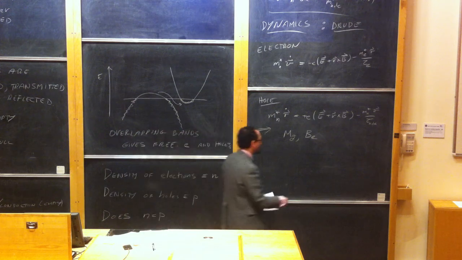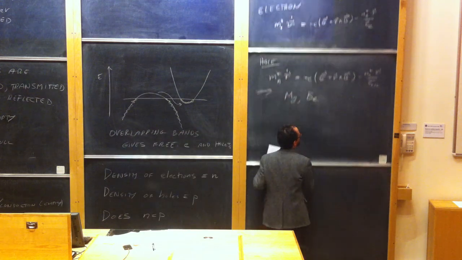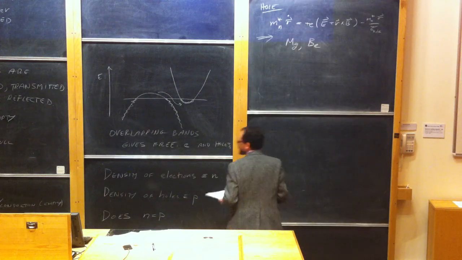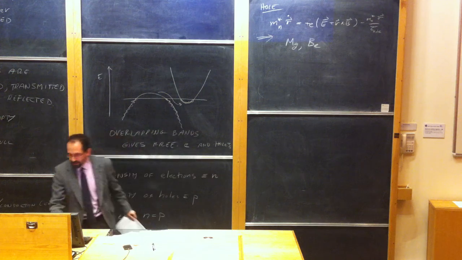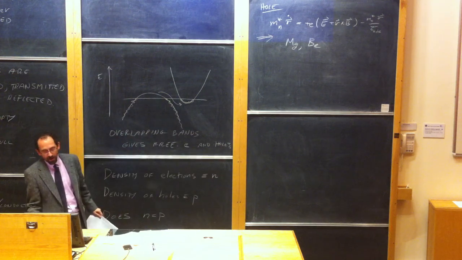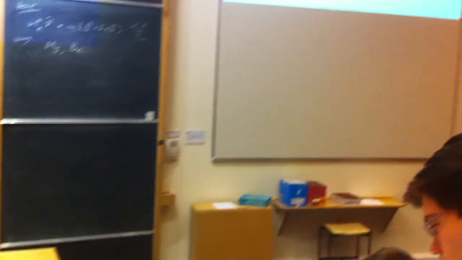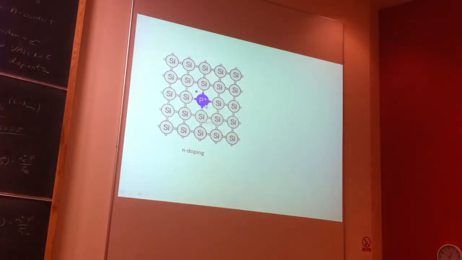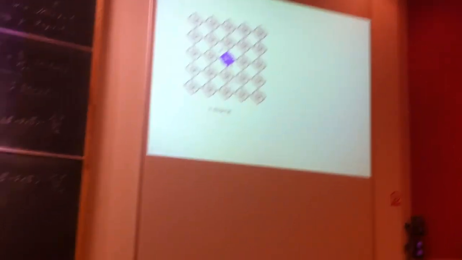All right, one more thing that we have to discuss today before declaring the weekend is I promised you that this extra charge, this phosphorus charge that's incorporated into the silicon lattice, doesn't do much. It's not that important. So why not?